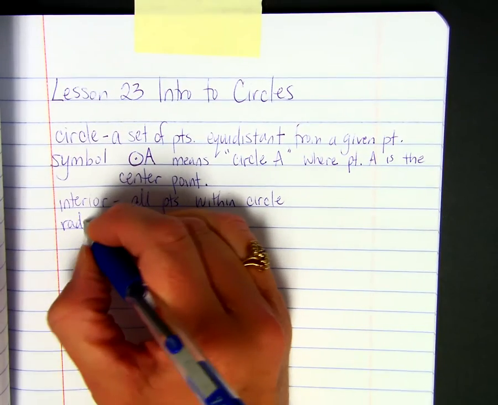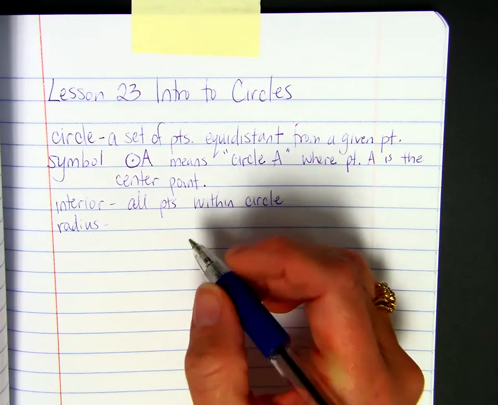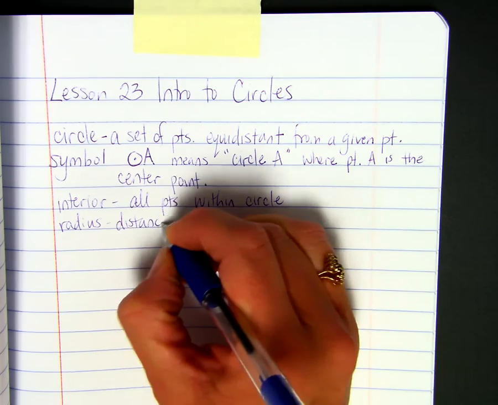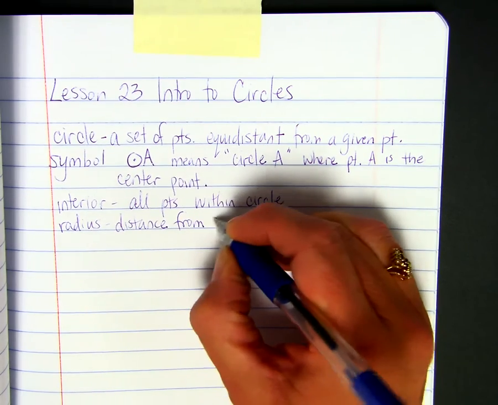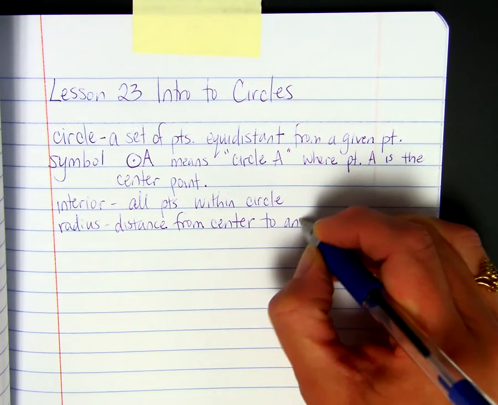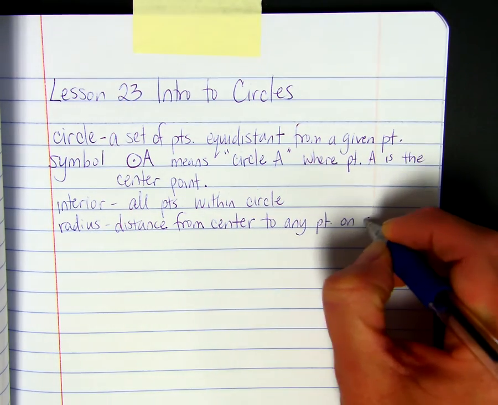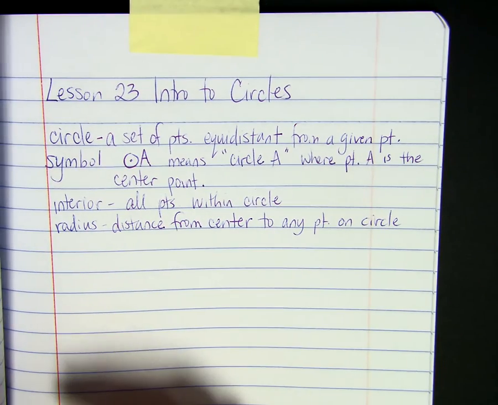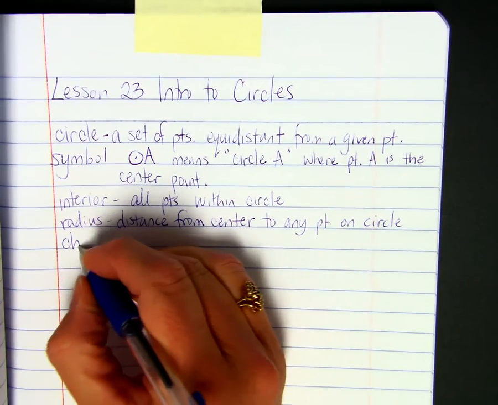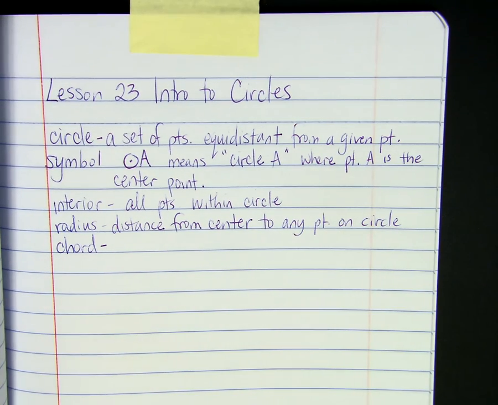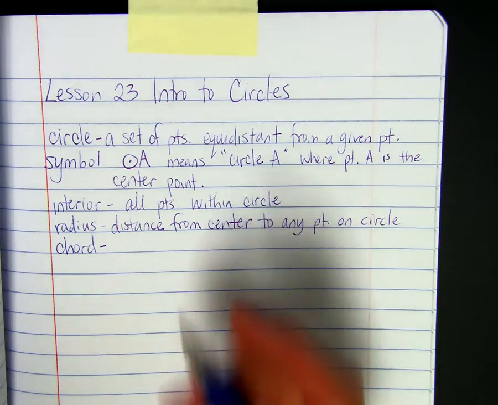The radius is the distance from the center to any point on the circle. A chord is a segment that has both endpoints on the circle.